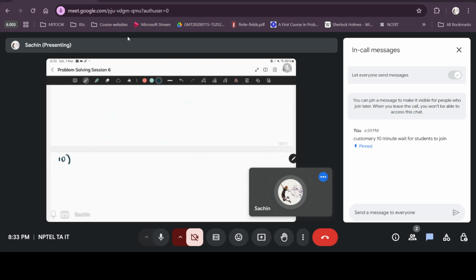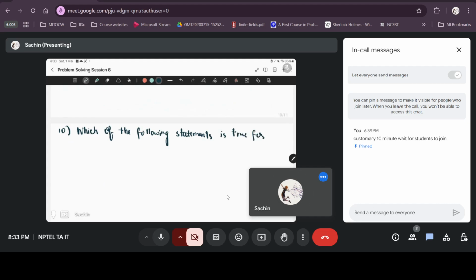Last question. Which of the following statements is true for continuous random variables xy?